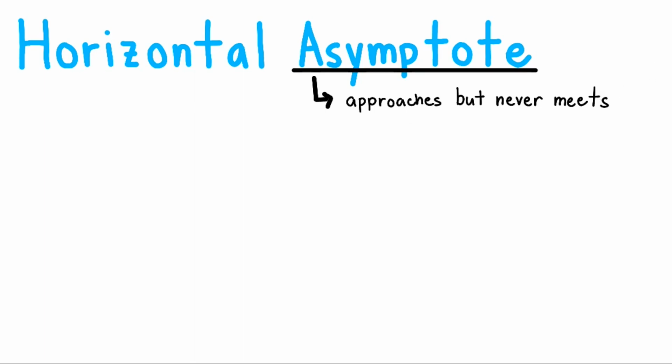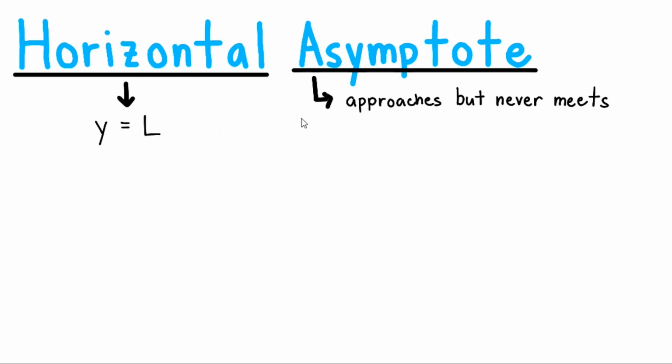Then if we add horizontal, since asymptote is a line, horizontal asymptote is a horizontal line, and we know that horizontal lines are represented by the graph of y equals L. So this is the key point.